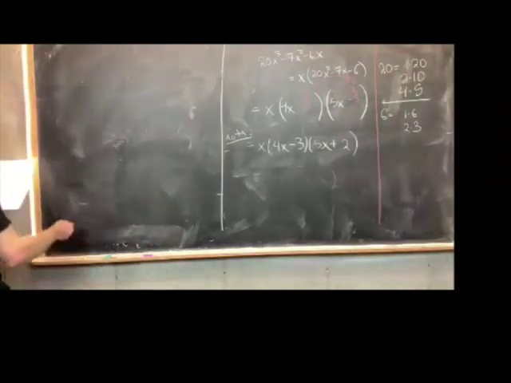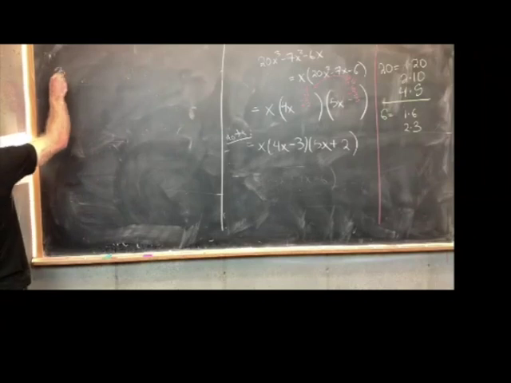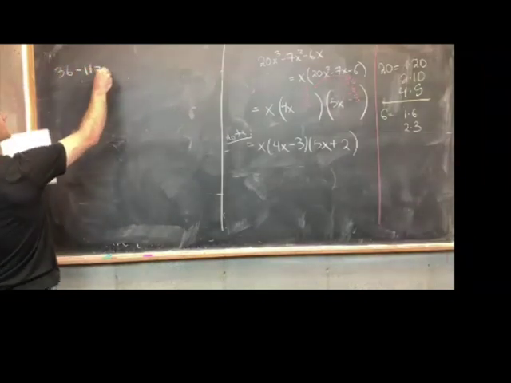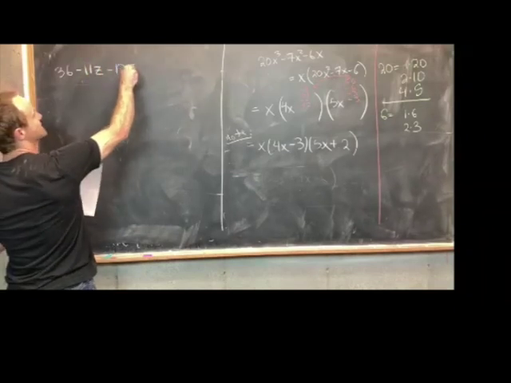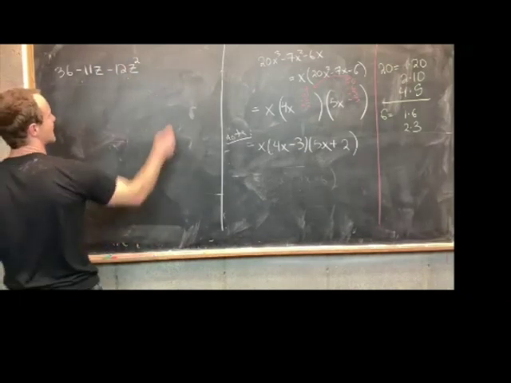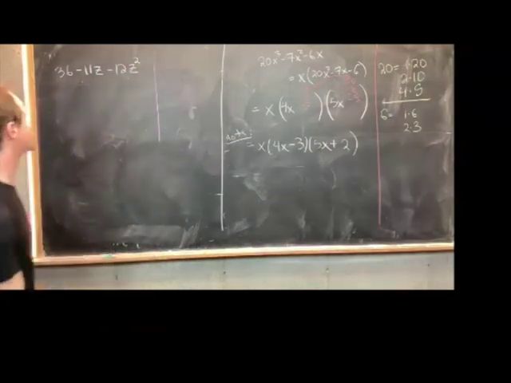So let's look at this maybe. 36 minus 11z minus 12z squared. So we want to think about the same kind of factorization chart.